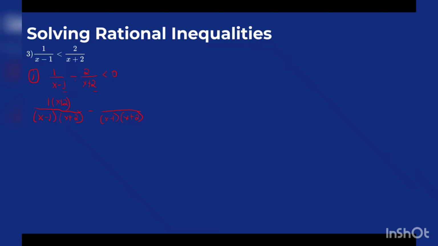Then the same thing for the second one. This is LCD divided by original denominator. Cancel x plus 2. So we'll have 2 times x minus 1 is less than 0.